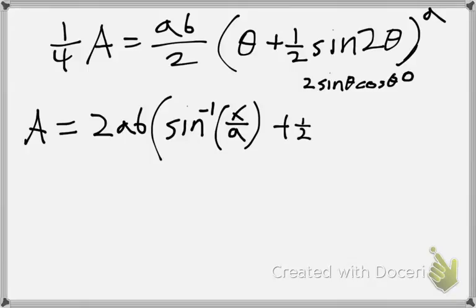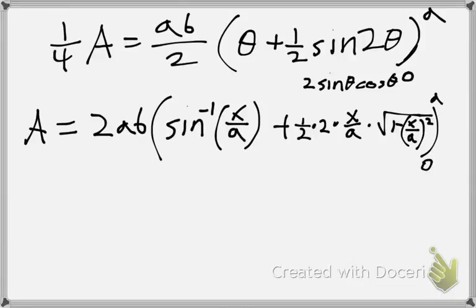And so it's times 2 times sine theta, which is equal to x over a, so x over a times root 1 minus x over a squared, from 0 to a. And now we'll plug in those values to ab.